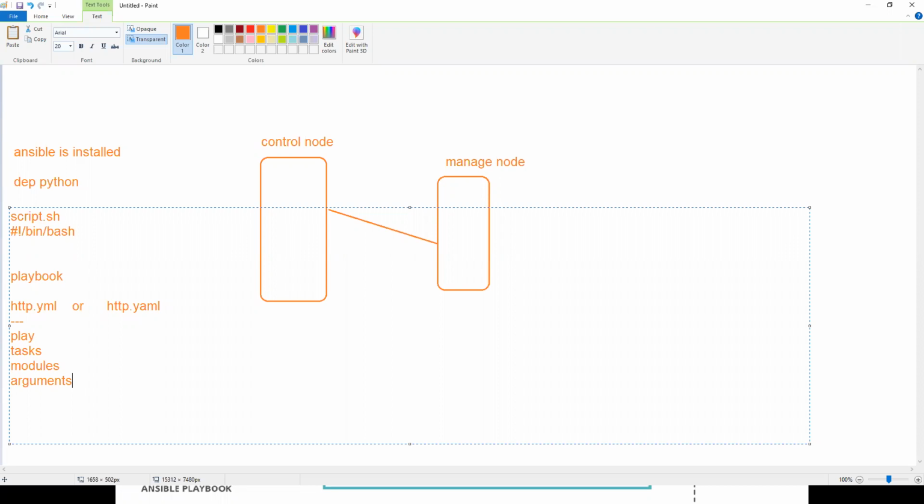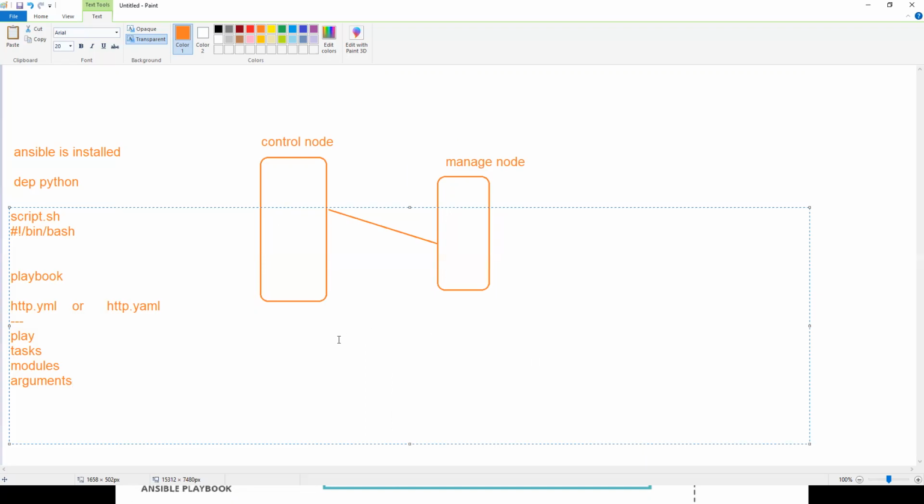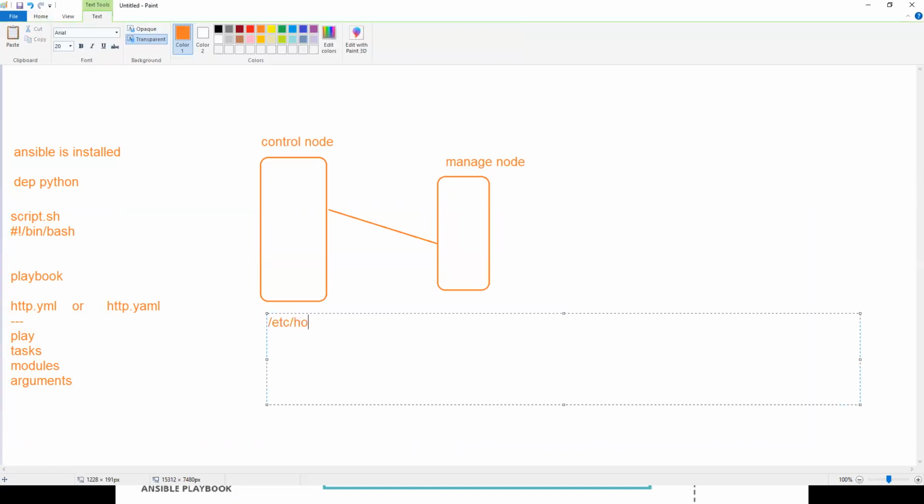Okay. So now I'm going to give you more information about inventory. What is inventory here? You're working on a Linux machine, you know the file /etc/hosts. What is the use of /etc/hosts? You know that IP communication is the default communication.